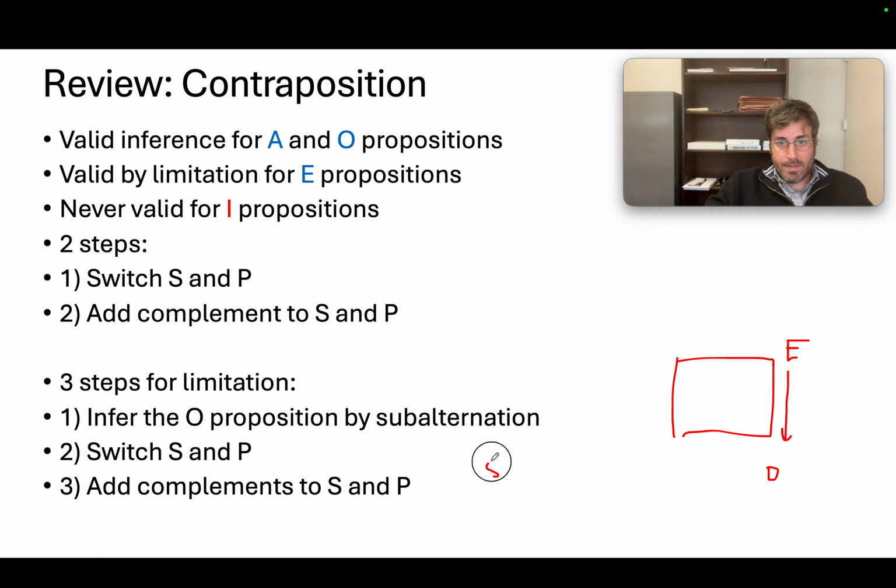So when we have some P are not S, try to write for yourself the finally transformed step 3. How do we add the complements to some P are not S?